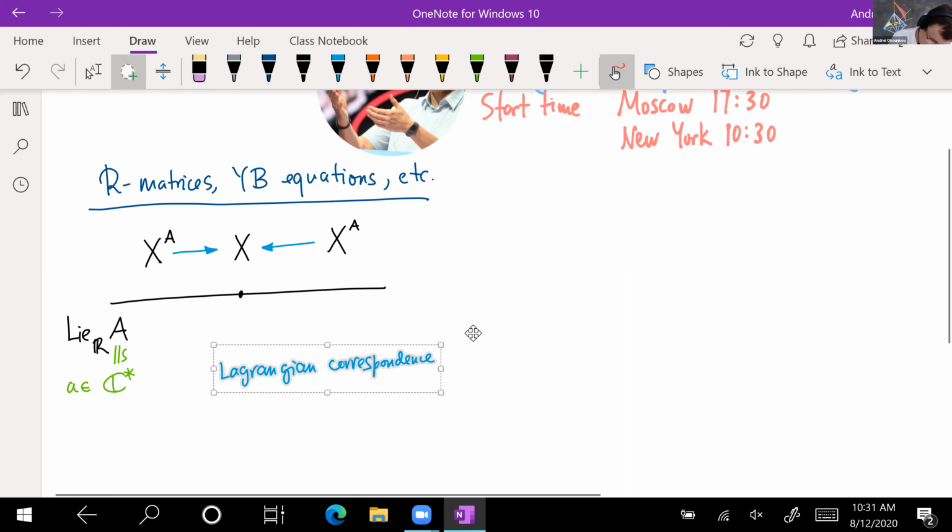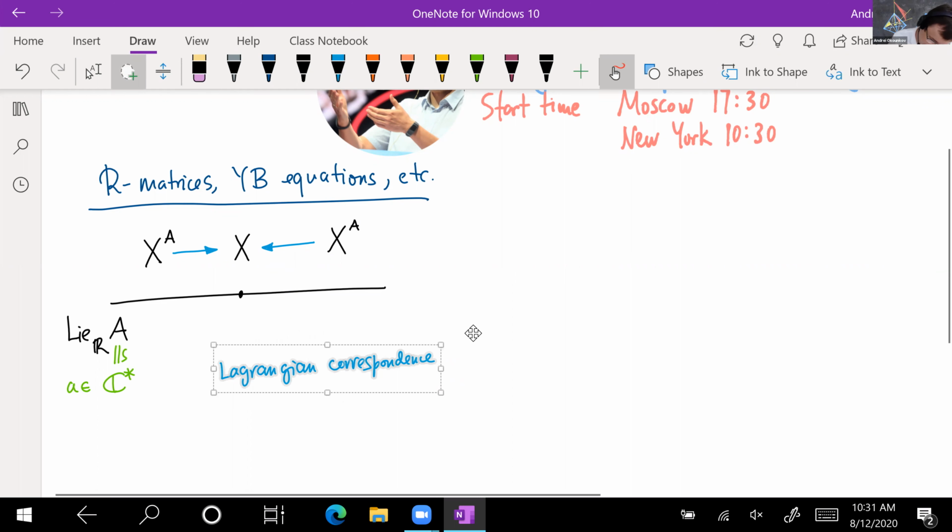So X has some variables z; these are the variables for X. This variable z sits in Pic of X tensor elliptic curve.